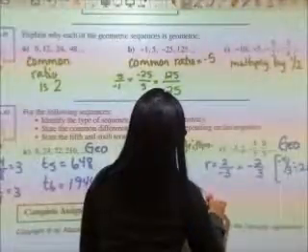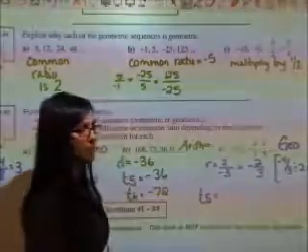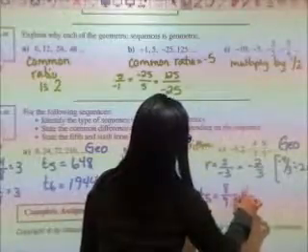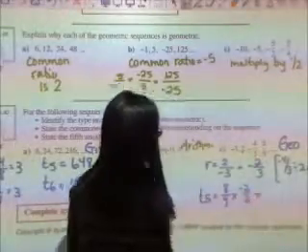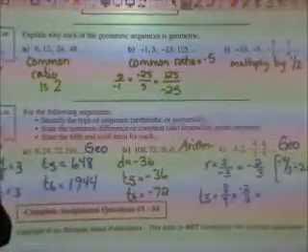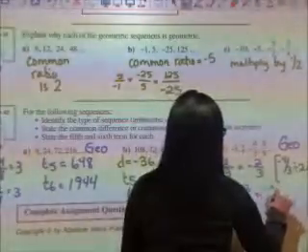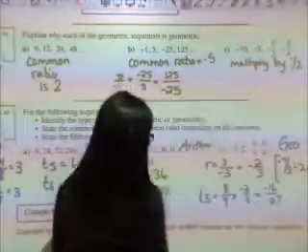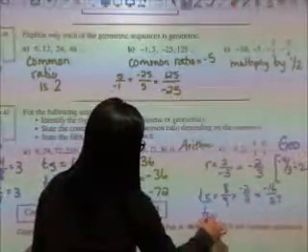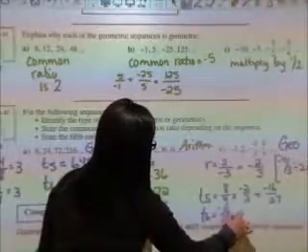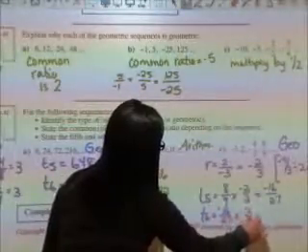So this time, if I'm finding the 5th term, I'm going to take the 4th term and multiply it by negative 2/3. And what would I get? And then to get the 6th term, I'll take that negative 16 over 27 and multiply it by negative 2/3 again.